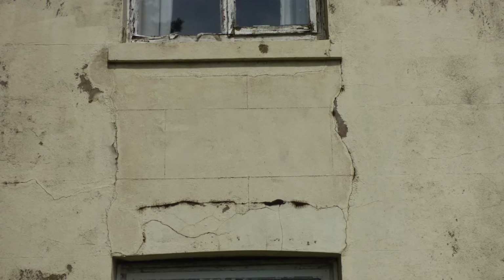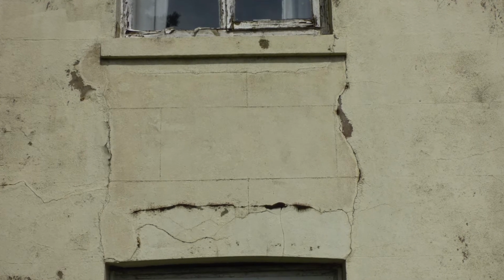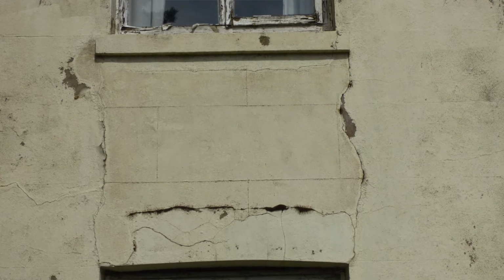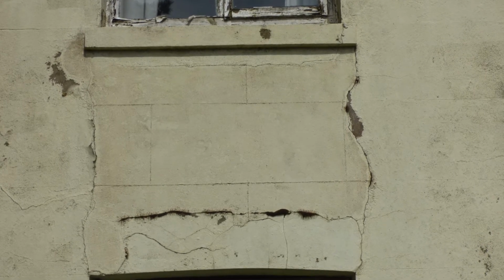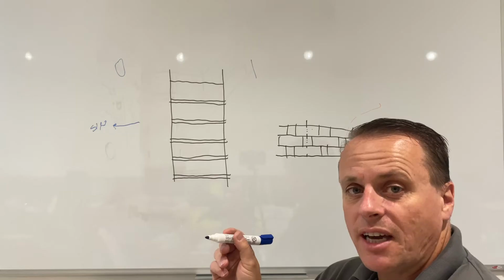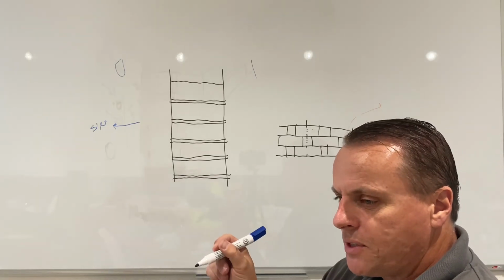Now, if we then look in these photos here of the render to the front of the property, you can see there are a number of cracks. So this will allow water to get into the wall, but because it's cement render, it's moisture vapor impermeable, so water can't escape out of the render anymore. So it can only go one way, which is into the property.